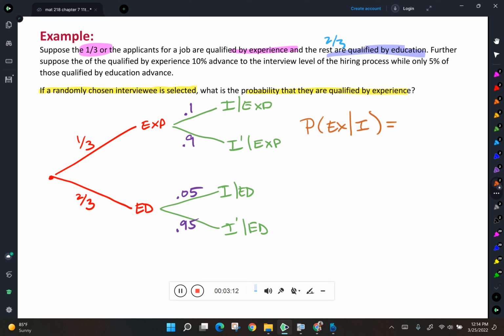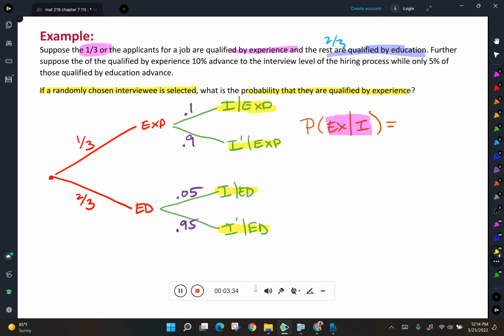Now I want you to take a look at what's going on here. The probability that they want us to calculate is a conditional probability, but it's the flip of the conditional probabilities that are given in the setup of the problem. They want us to change the direction.